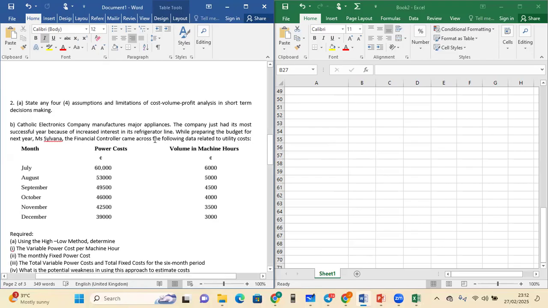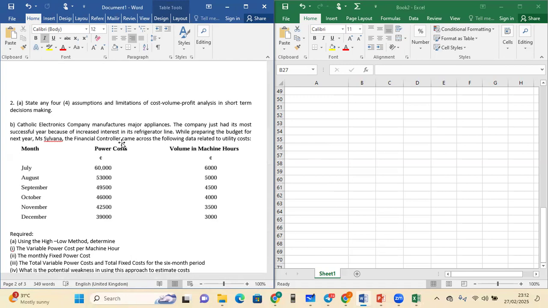So it's a limitation to CVP. Now, when we enter into constant sales mix, the proportion of multiple products still remains unchanged when we are dealing with CVP. But the limitation here is that shifts in product mix alter the overall contribution margin, which in turn would affect break-even point and profit forecast.